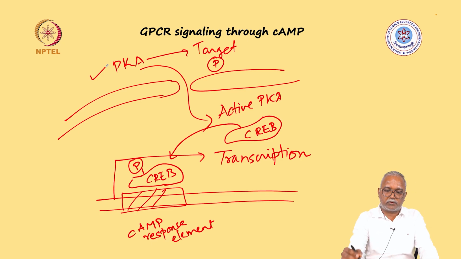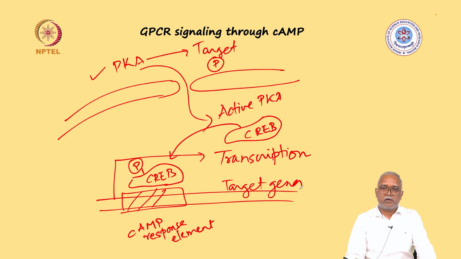This pKa moves into the nucleus, phosphorylates this protein which is called cyclic AMP response element binding protein, CREB, and this phosphorylated version of CREB binds to the elements where transcription of target genes is regulated. So, this is one of the G-alphas downstream of one class of GPCR, which is ensuring that signaling goes on in right direction with the help of pKa activity.